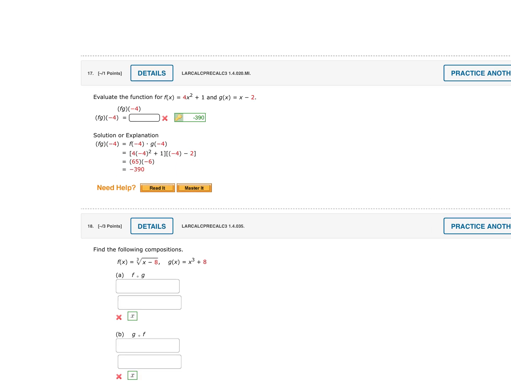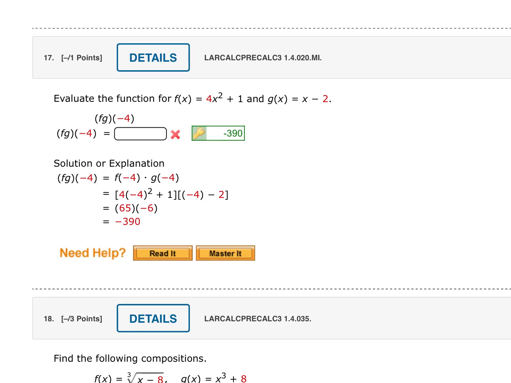So in 17, it tells us to multiply them. You can either multiply your two functions together and then plug in -4, or plug in -4 and then multiply your two answers. Here I would probably say plugging in -4 first would be easier, and then multiplying it. That way we don't have to multiply our two polynomials and FOIL. So when we plug in -4, -4 squared would be 16 times 4 would be 64 plus 1 would be 65.